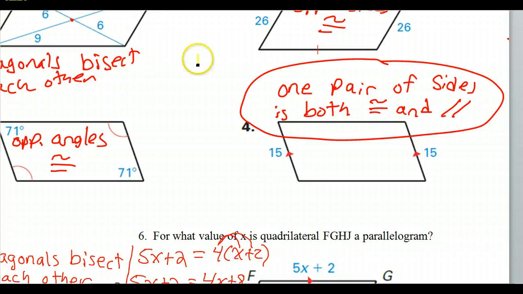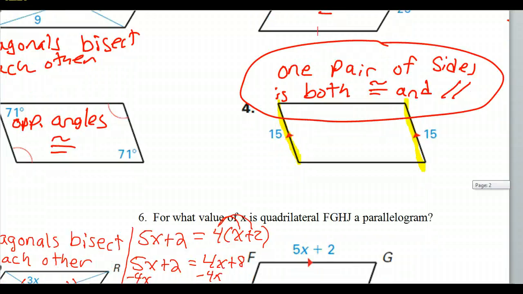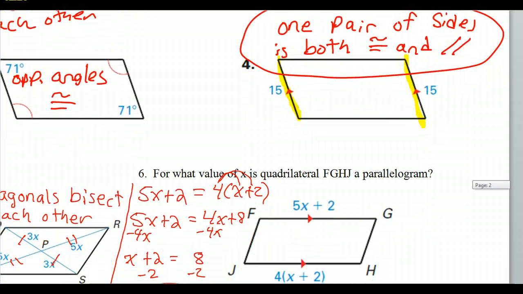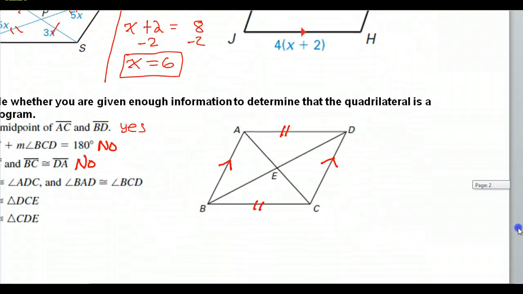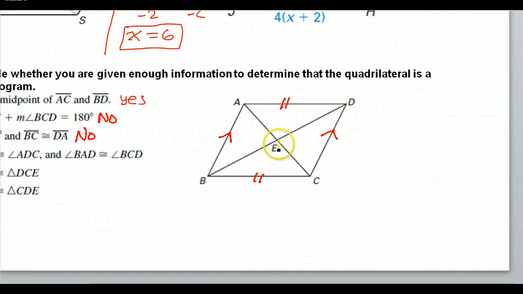Number 4 is definitely a parallelogram, but it's because this pair of sides that I just colored yellow is parallel, you see the arrows, and it's congruent, you see the 15s. But it has to be the yellow sides both times. You can't have the sides being parallel and then the top and bottom being congruent. That would not prove that you are a parallelogram. Okay, so this would be a no.